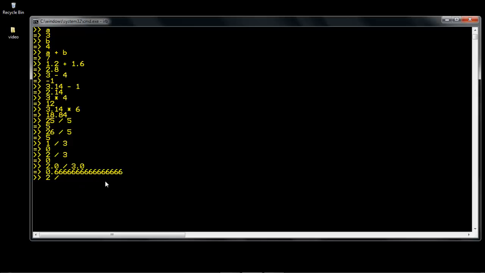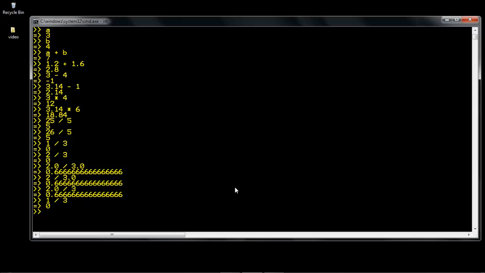An integer divided by a float will still give you a float. And a float divided by an integer will give you a float. Now, if one of these two operands is a float, the other operand, which in this case is an integer, will be automatically promoted to a float, and this becomes a float operation. This is important because if you're not careful and do stuff like that, and you're expecting 0.3 as the answer, you'll get something unexpected.